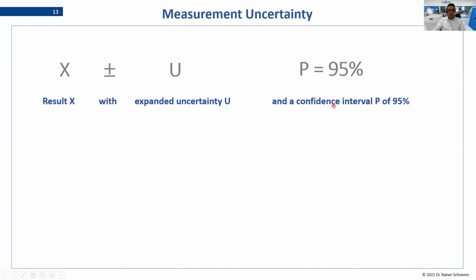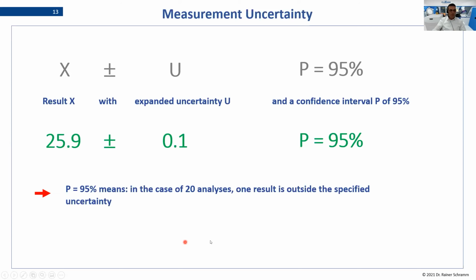But then you have also to specify your confidence interval. So what is the probability for this expanded uncertainty? Example, you measure 25.9 with an uncertainty of 0.1 with that confidence interval. What does this mean?